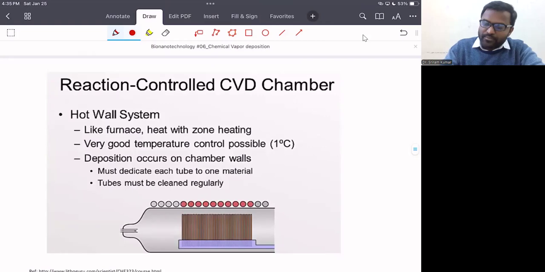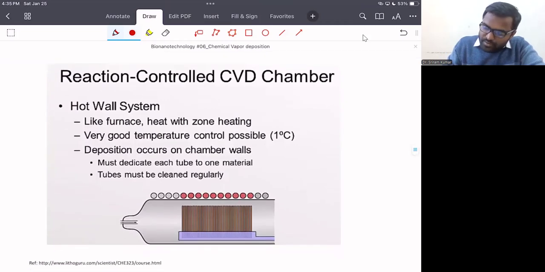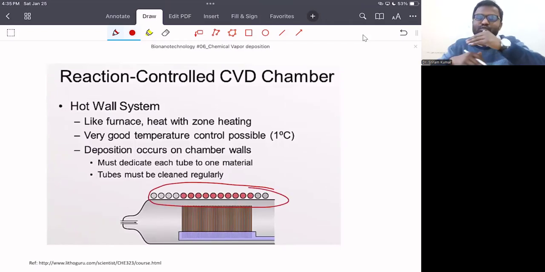So now let's understand how we'll design the reaction control CVD chamber. In this particular chamber, since the deposition is very much dependent on temperature, we need to develop a chamber with heating. There will be a heating coil around the deposition chamber, so that we will have uniform temperature inside the chamber, and we will get uniform deposition.